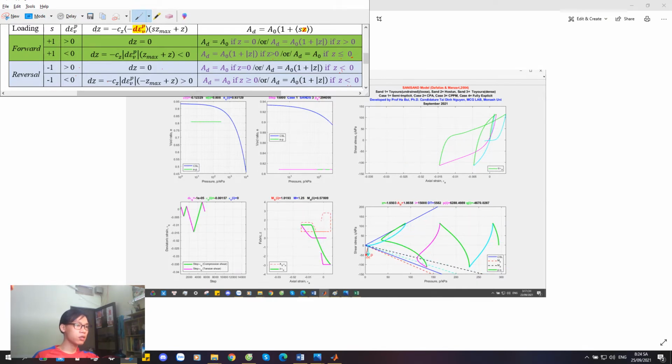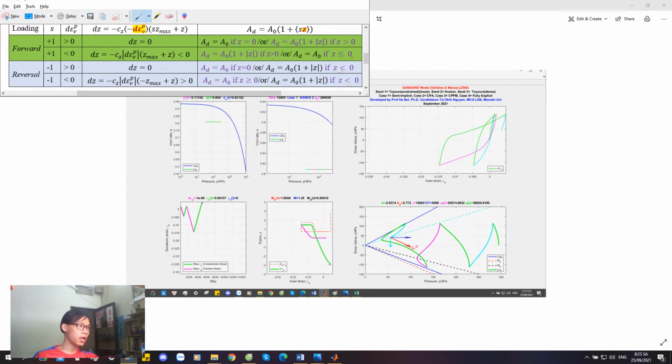dilatance. We have epsilon VB negative, and with this negative, we still have dZ positive, and so this will change. It increases. So we have Z going from negative to 0 and positive. So with that negative, the AD will reduce.